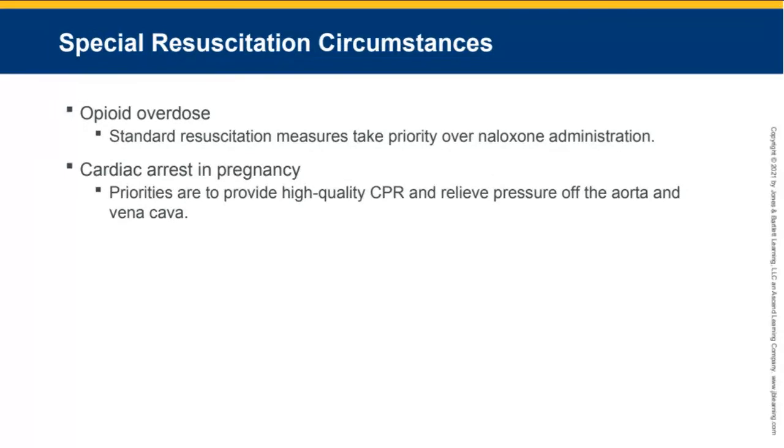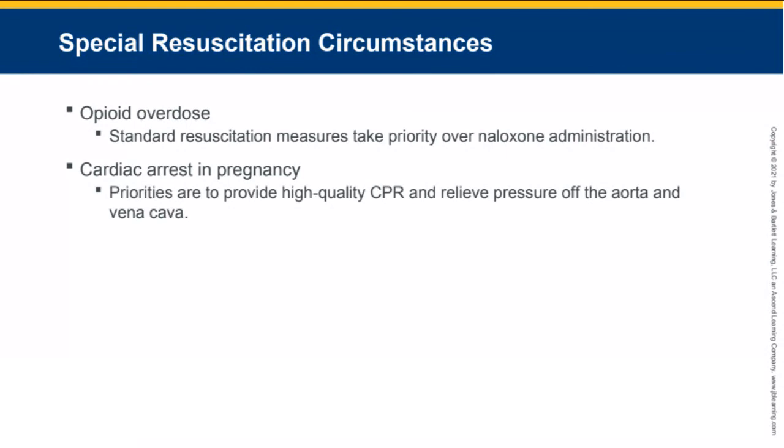Now, special resuscitation circumstances. Opioid overdose, which is very common in the States, not very common in Jamaica. Standard resuscitation measures take priority over naloxone administration. So an opioid or opiate is a drug that reduces pain and causes narcotic effects.